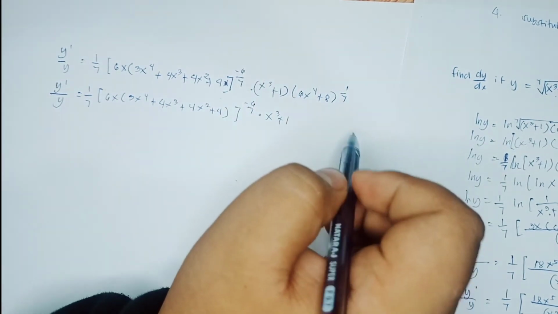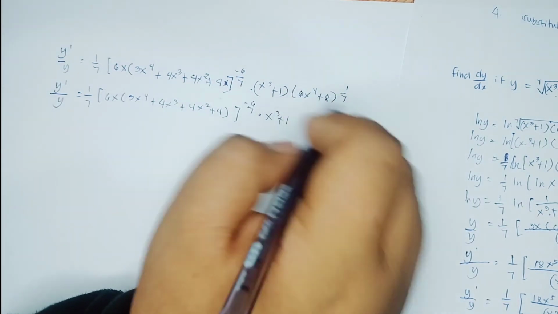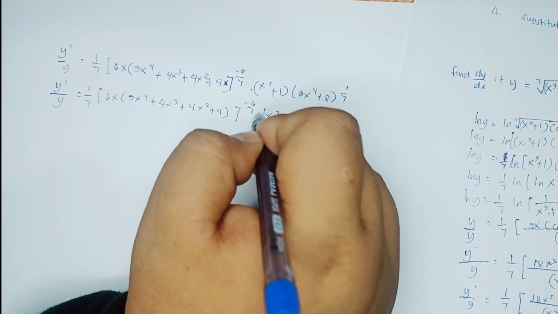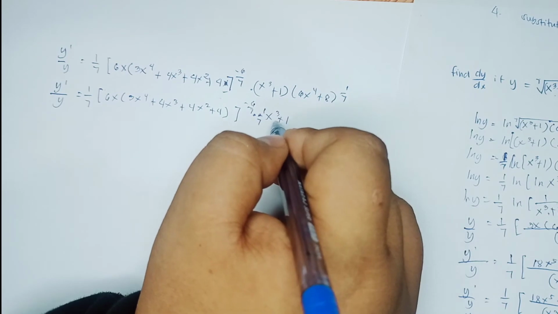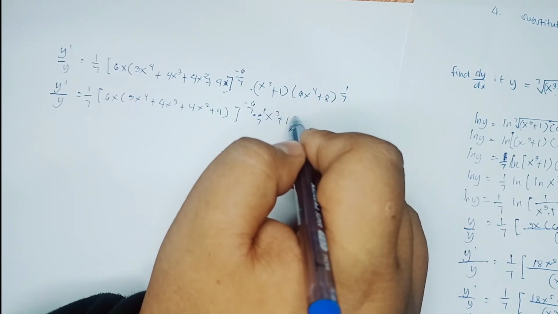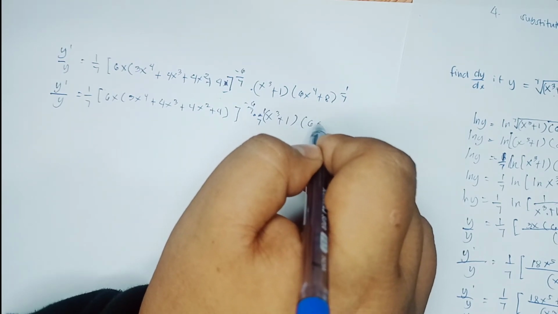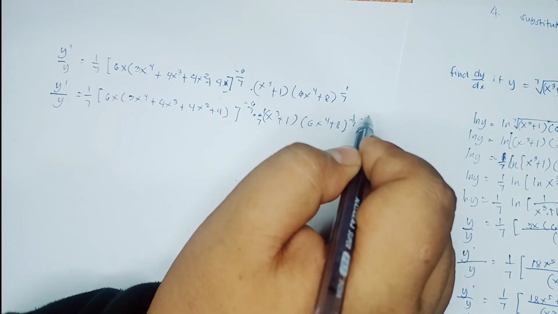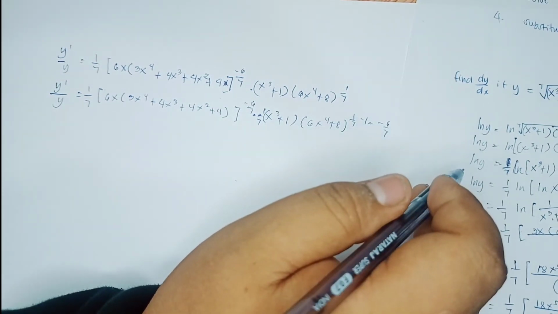Since it is an equation, we can use the power rule to reduce the term 1 over 7. We can put 1 over 7 here. X cubed plus 1 times 6x raised to 4 plus 8. 1 over 7 minus 1 is equal to negative 6 over 7.